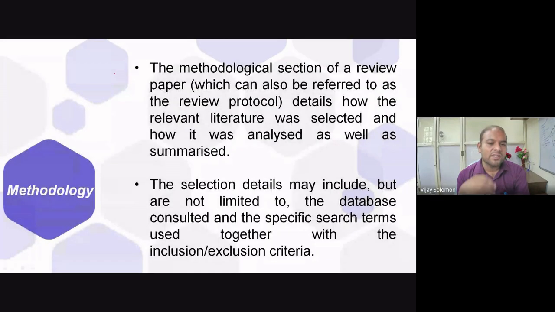The good thing is, always go and read a lot of review articles, then you can adapt the salient features from there. The methodological section of a review is very, very important. When you write a narrative review, it's fine, but say I'm going to talk about the Nobel Prizes in literature, let's say. Then you cannot say from 1900 till date, as there may be a number of people who have got it.